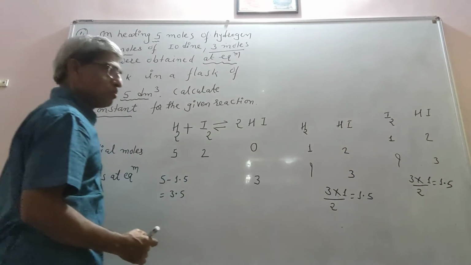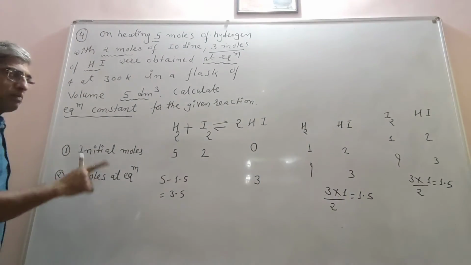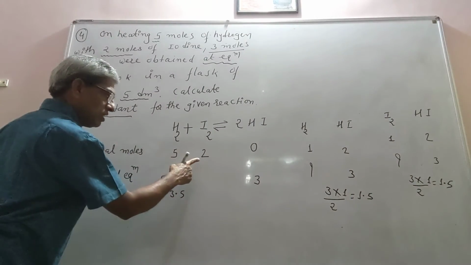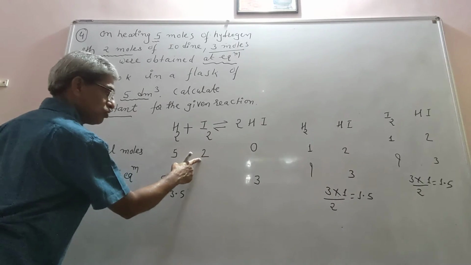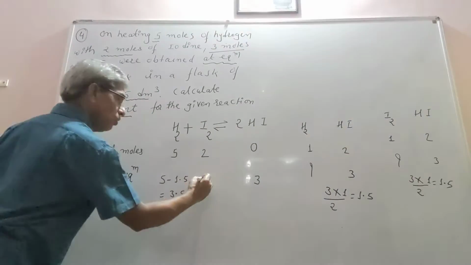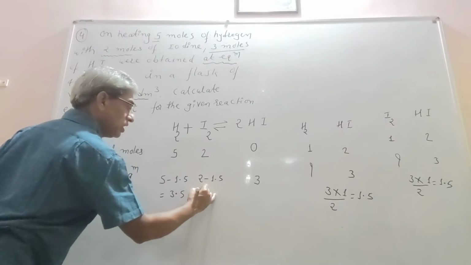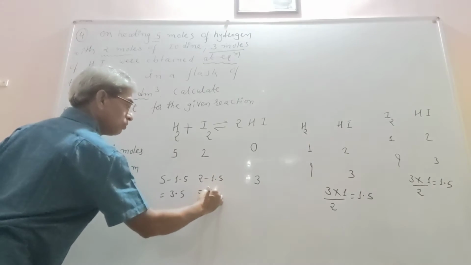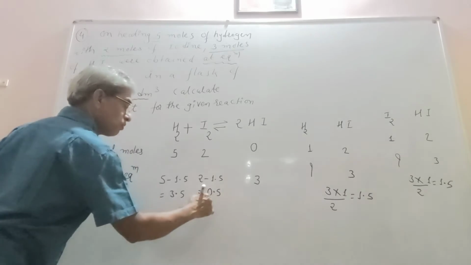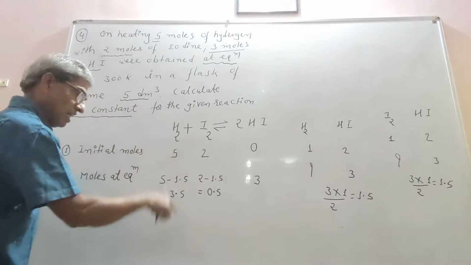Means reacted moles of I2 at equilibrium are 1.5. But the given moles at the initial stage are 2. Therefore, left moles: 2 minus 1.5 equal to 0.5. Means 0.5 moles are left.